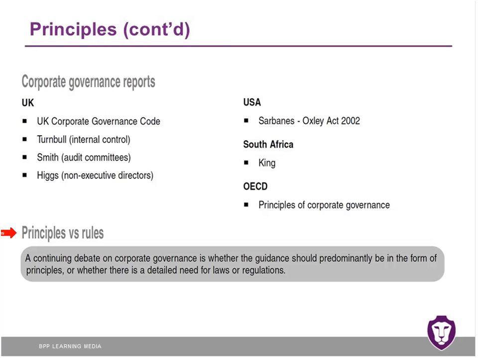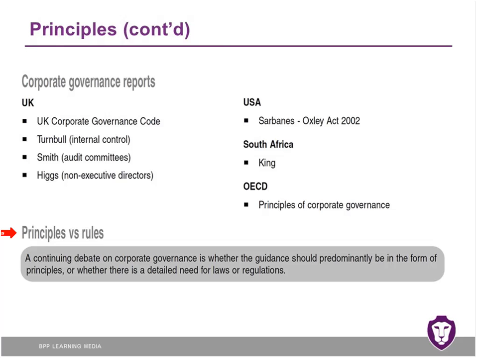In America, they have something called a rules-based system, which is simply regulations. You will do this, and if you don't, you'll go to prison. So that's the difference between them, and you really need to be clear about those two. Principles-based, we tell you what to do, and if you don't do it, you need to explain to the shareholders why you don't do it.